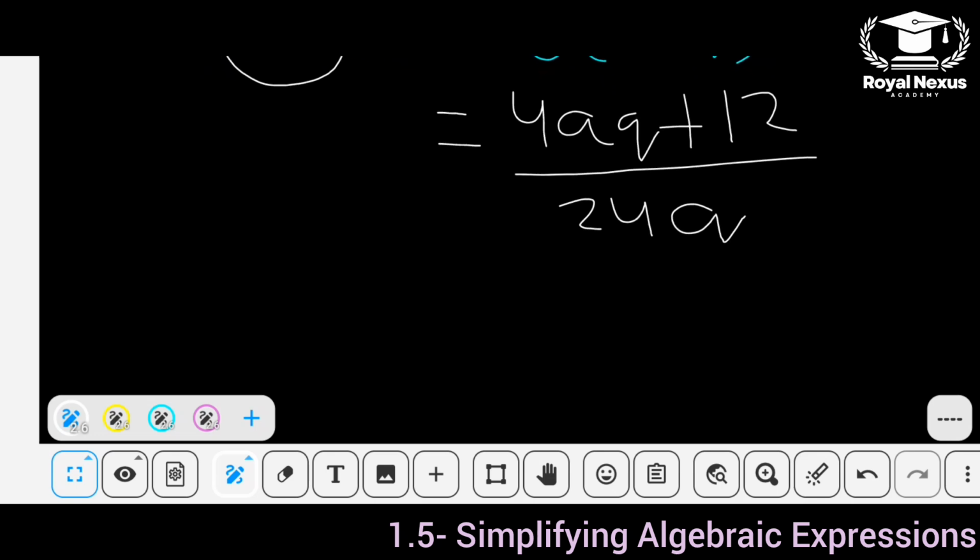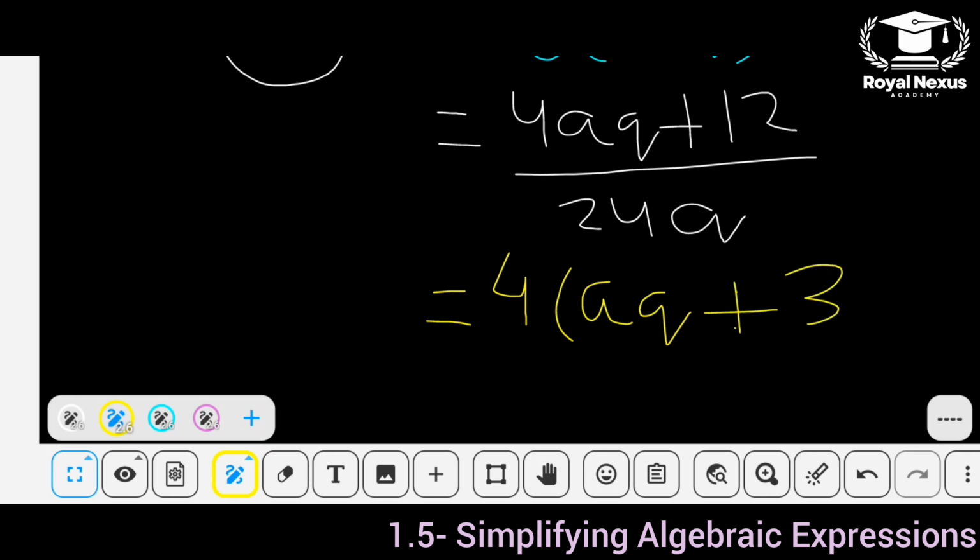And how can you simplify it? You just need to take out 4 as common from the numerator. So when we take 4 as common, 4 will be taken out and inside the bracket only aq will remain. Similarly, plus sign will be written as it is and 4 times 3 is 12. So in the bracket we will be having aq plus 3. The whole will be divided by 24q.